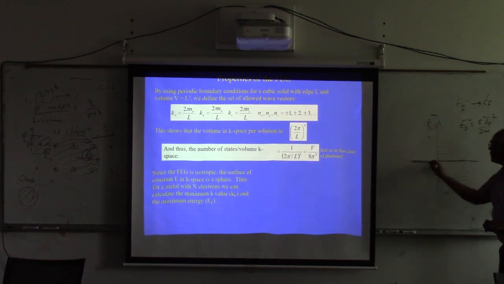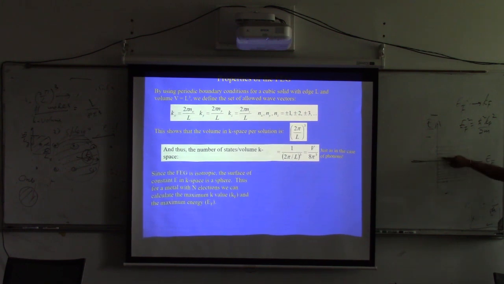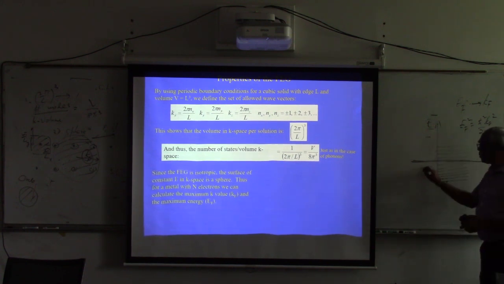So EF means, in the energy diagram, the maximum energy. Up to that point, all the states are filled with electrons. All the other states are unoccupied. These are called the occupied states.